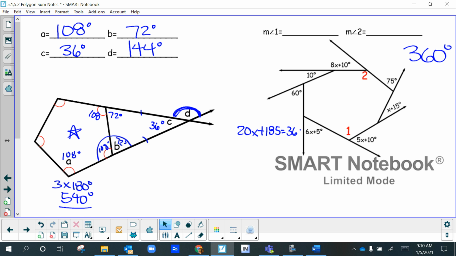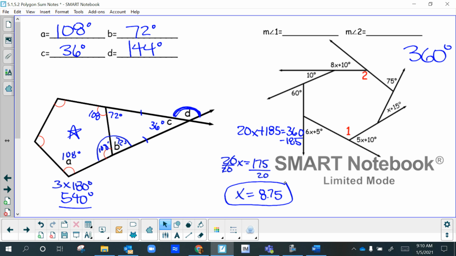And so you set that equal to 360. Minus 185, I get 20x equals 175. Let's just be sure, because sometimes I do my little mental math incorrect. 175. Divide each side by 20. This is all algebra. So x is going to equal 8.75.